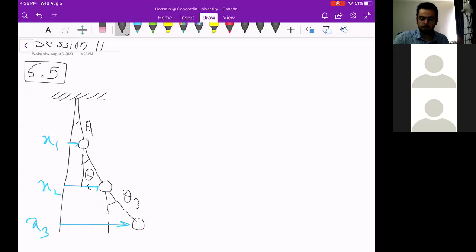Problem 6.5: determine the influence coefficient for the triple pendulum.